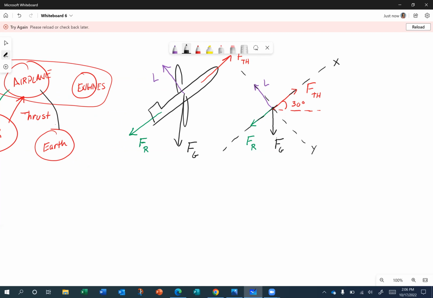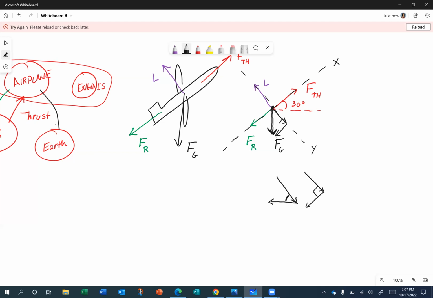So instead of using the force of gravity, I want to use its components along the y and along the x. What's important here is that your force along the x is parallel to the x direction. Do not write it down like this and then come across in this direction, because that means the x and y are not perpendicular to one another. These two must be perpendicular. That's the definition of your x and y.